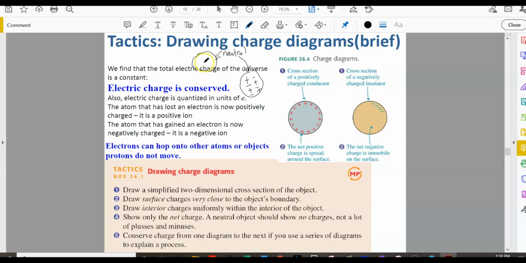Conversely, if this was a balloon that was neutral and I rubbed it very briefly against my hair and I gathered 2 electrons to it, well, now this overall guy is charged by 2 electrons. So it's much easier to see that than if I had added those 2 electrons here. Now I have to do a lot of counting. So positive, negative, that's neutral, positive, negative, that's neutral, positive, negative, that's neutral, positive, negative, neutral. Oh, I'm over by 2 electrons.